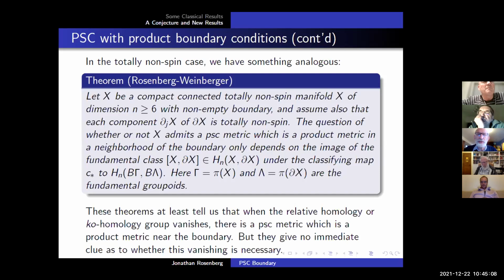What is true is this. Positive scalar curvature with product type boundary conditions is basically the strongest condition you can impose. When that happens, of course, that implies the weaker fact that you have positive scalar curvature with minimal boundary, because in the case where you have product type boundary conditions, the boundary is not only minimal, but it's totally geodesic.